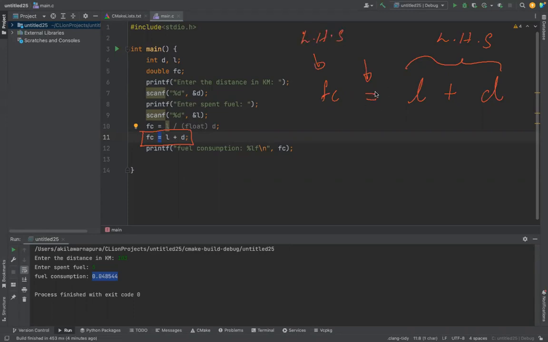The assignment operator assigns the right hand side value to the left hand side. Whatever value is on the right hand side will be assigned to the left hand side by the assignment operator.